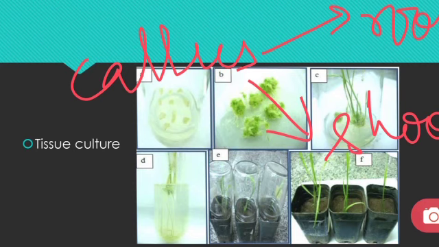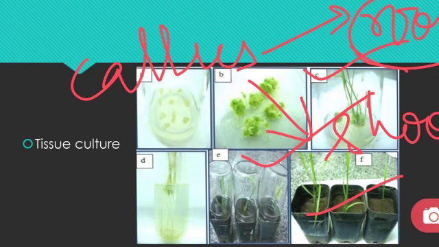Okay, now you can see we have taken only the root tissues, but from this root tissue we can grow the root as well as the shoot parts. Now a seedling, a small plantlet, can be seen in the test tube or in the beaker. Now we can take the plantlet and put it in the nursery for further growth.